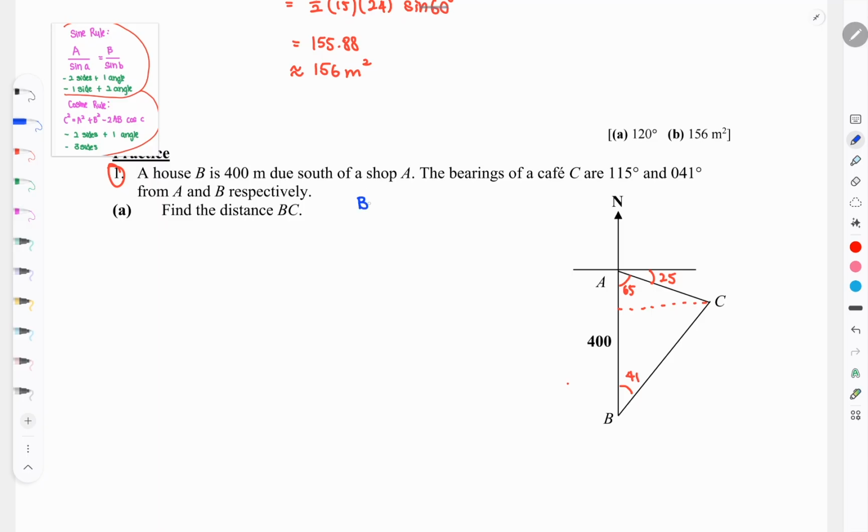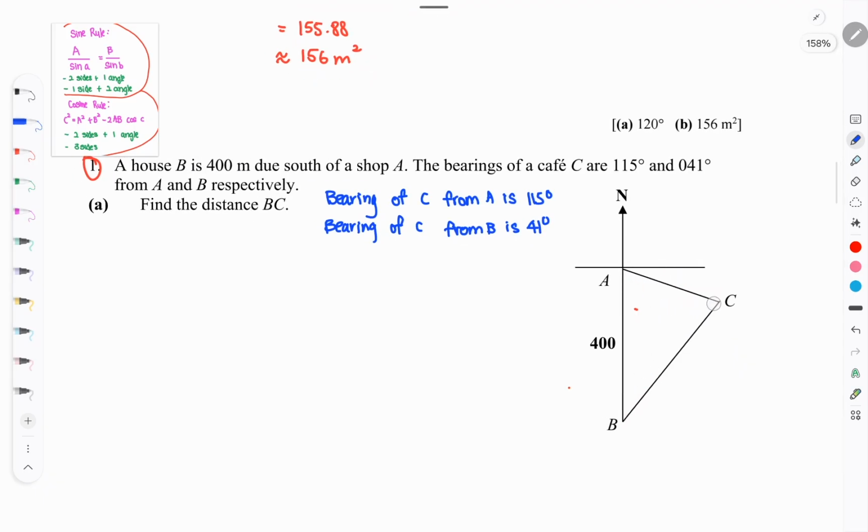Bearing of C from A is 115 degrees. Bearing of C from B is 41 degrees.